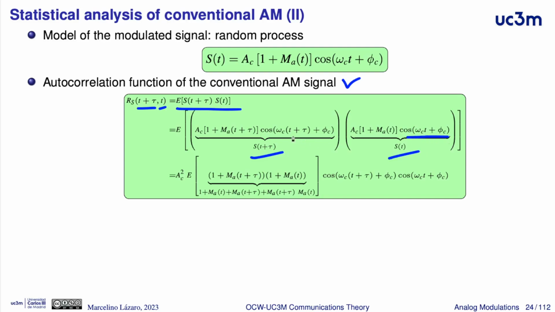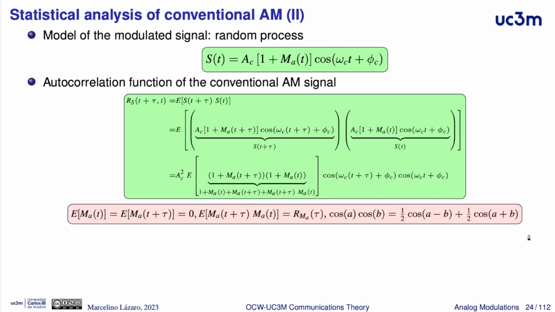The two cosines are deterministic, can go out of the mathematical expectation, and the product of these two terms with these two terms is producing these four terms here. The last one is a single term, the product between these two random processes.